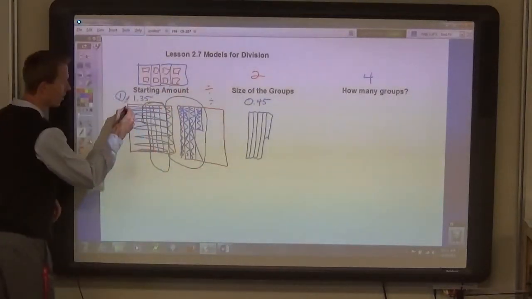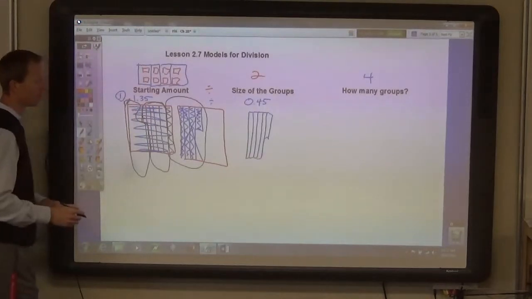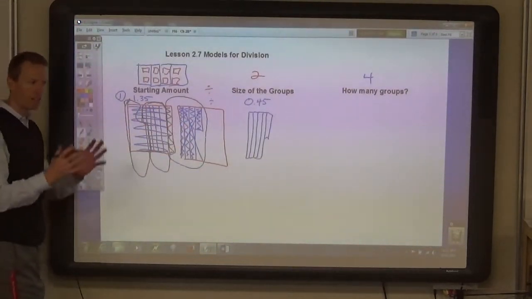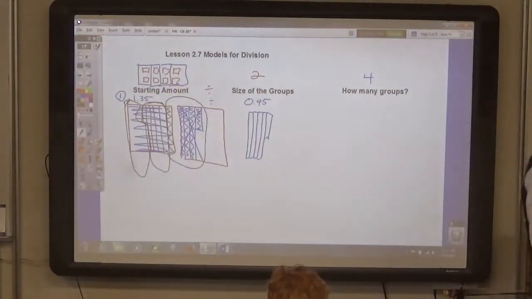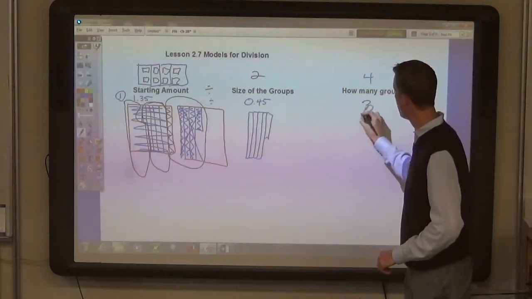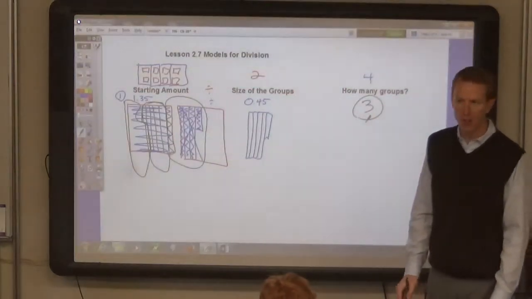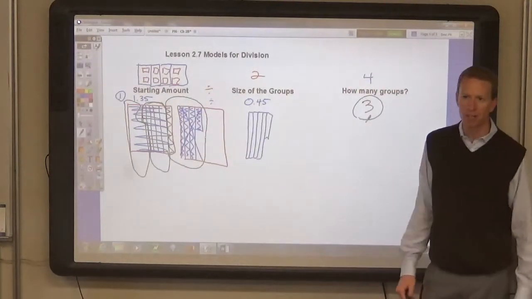The remaining makes another group. By circling these groups, we are dividing the whole amount into piles, into groups. So how many groups are there? 3. 3 groups. We've just modeled that problem using blocks and grouping them.